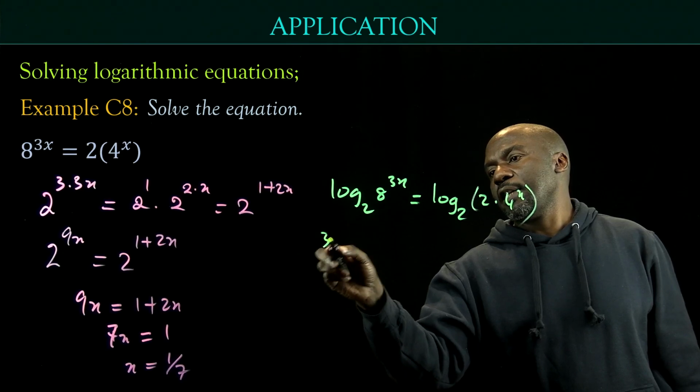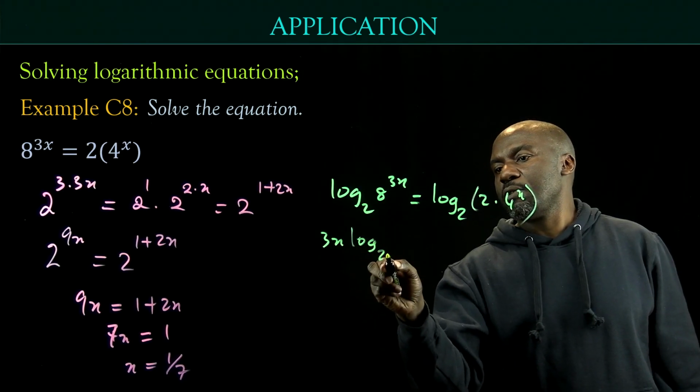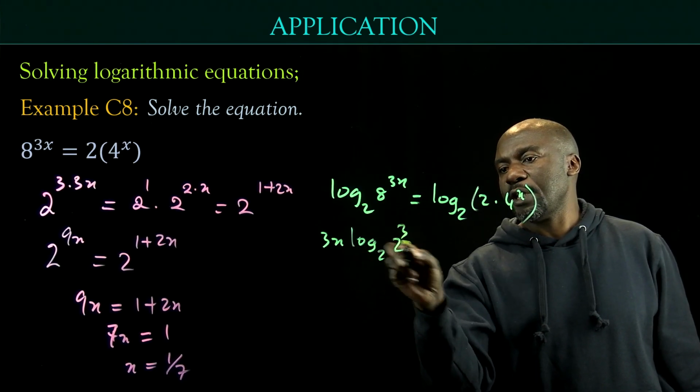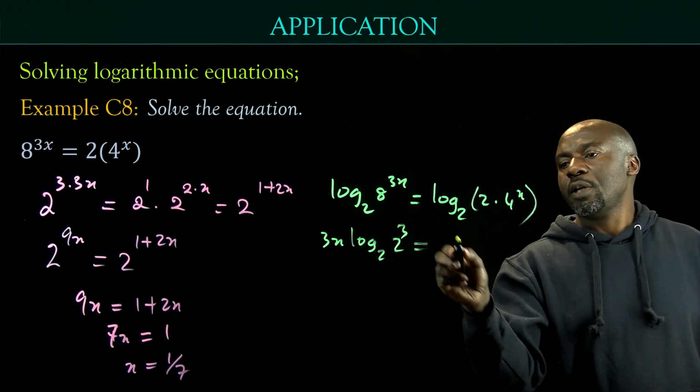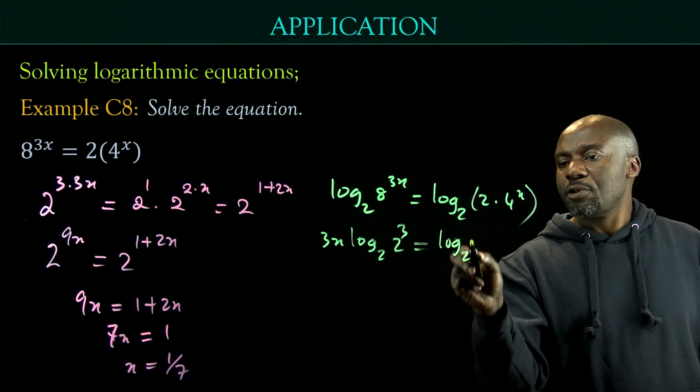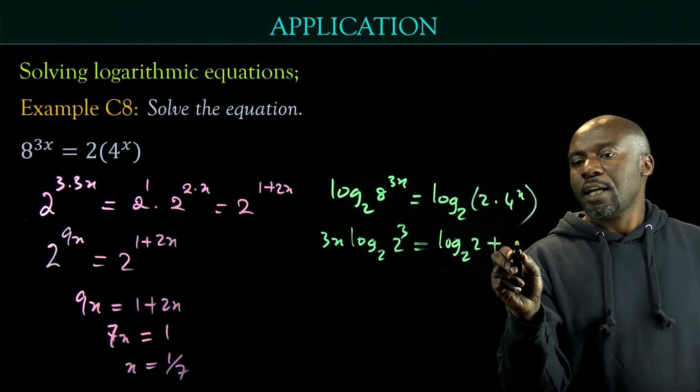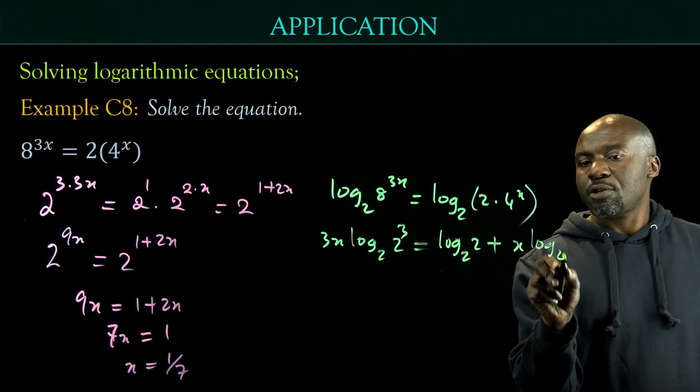This is 3x log base 2 of 8, which is 2 to the power of 3, must be equal to log base 2 of 2 plus x log base 2 of 4.